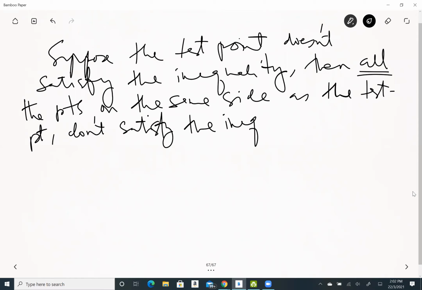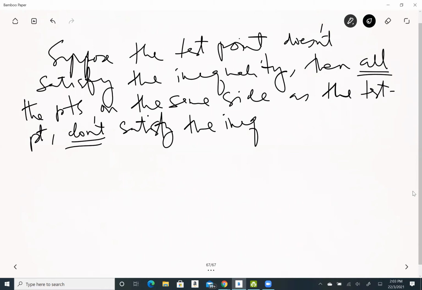So if the test point does not satisfy, in other words, all the points on the same side will not satisfy. Just like if the test point satisfies, then all the points on the same side will also satisfy. So conversely, if the test point does not satisfy, then all the points on the same side as the test point will not satisfy that inequality.